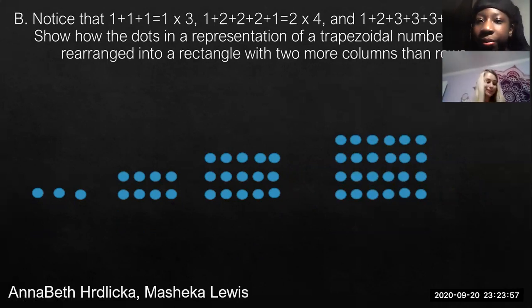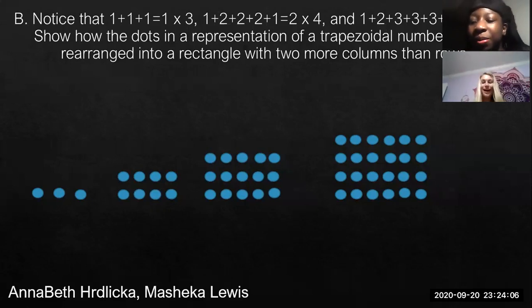Okay, so for this one, how you would know is you have to look at the direction. What's the direction of the dot? For this one, you know the direction because, for example, we can look at 1 by 1, 1 by 3, or 2 by 4. You see the 1 by 3, it's just 1 times 3. And then for 2 by 4, that's a better example because you see the 2 rows and then the 4 columns.